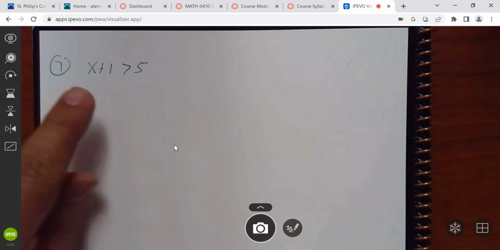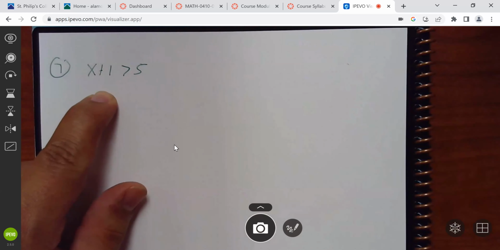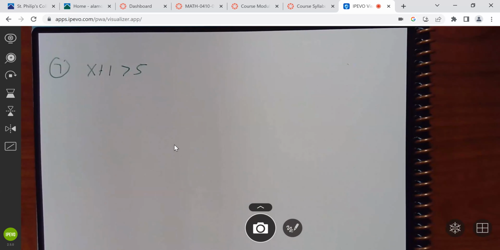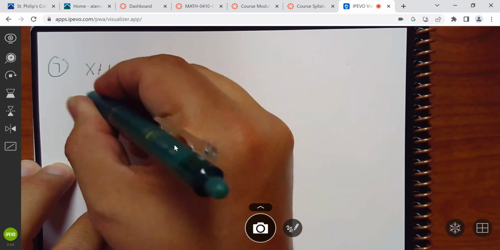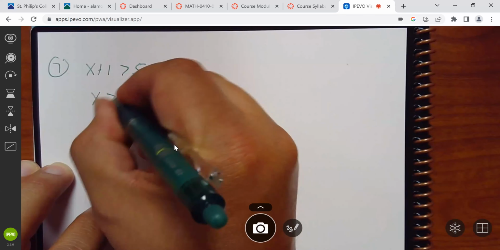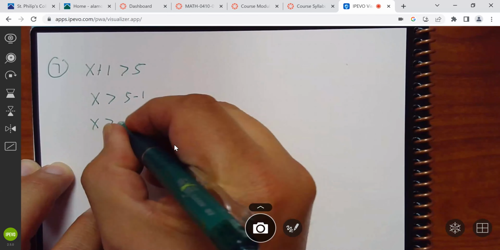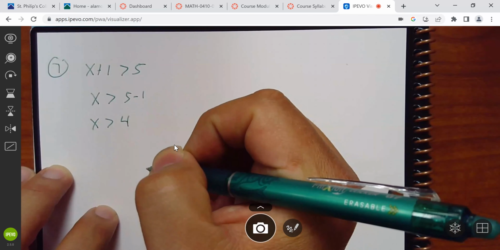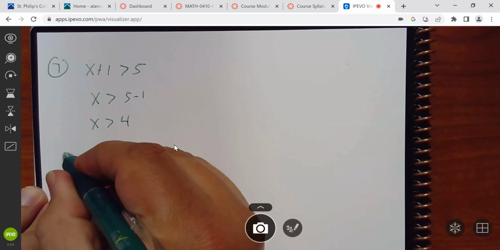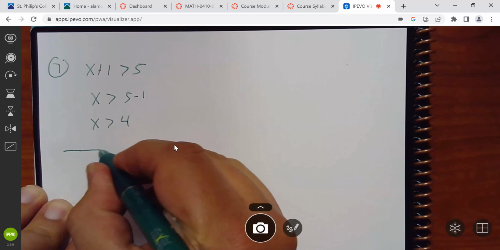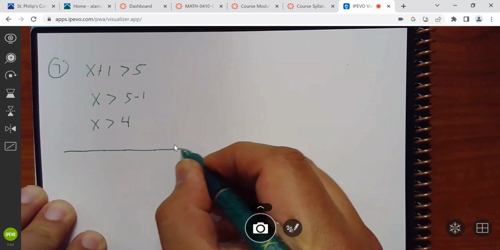To isolate the X, what would you do first? Minus, yeah, just minus the one. So X is greater than 4 is your solution set. So how do I draw it?